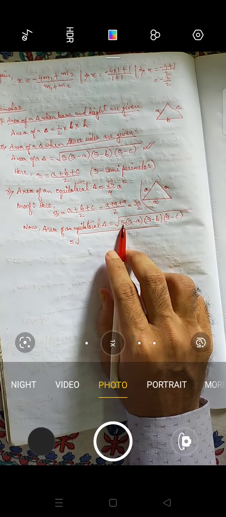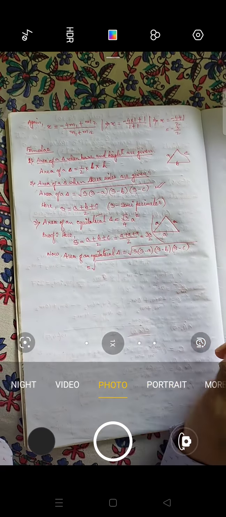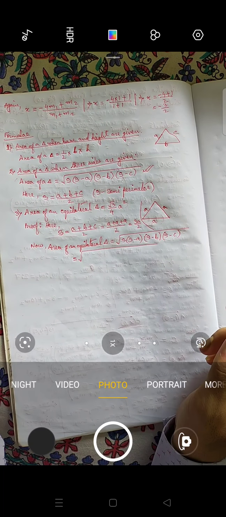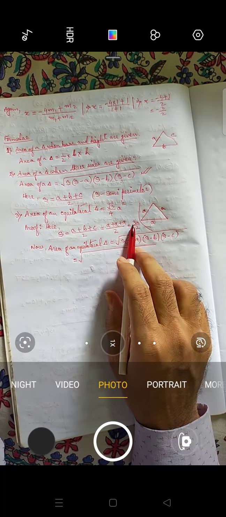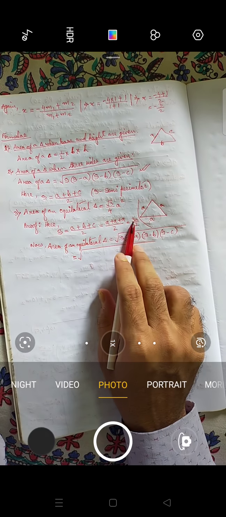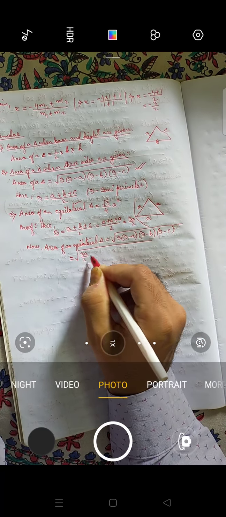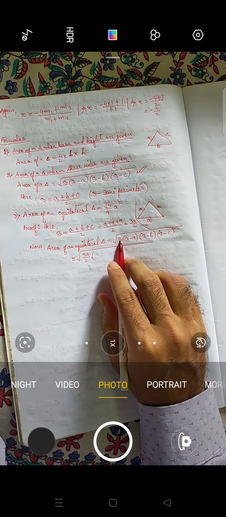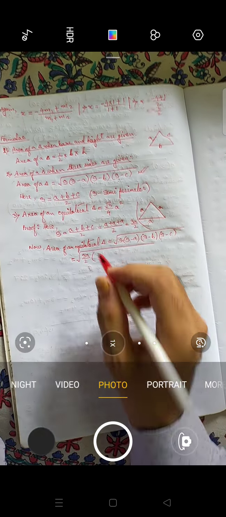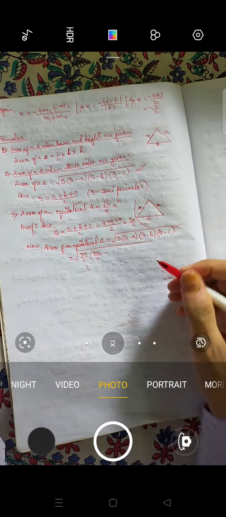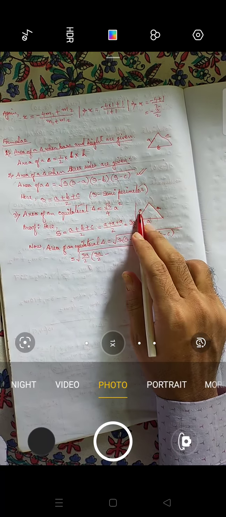now what is S? What is the value of S? 3A by 2. S is equal to 3A by 2. So I'll be writing 3A by 2 in bracket. Now S I have written. Now again S minus A. That means 3A by 2 minus what was A? A means side.